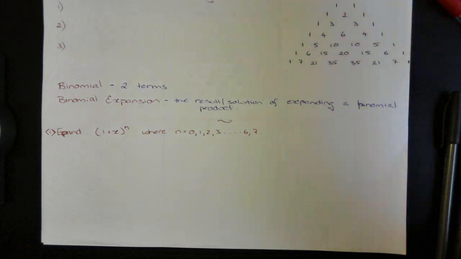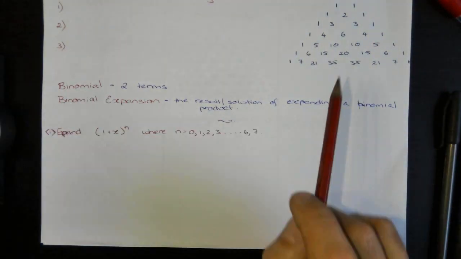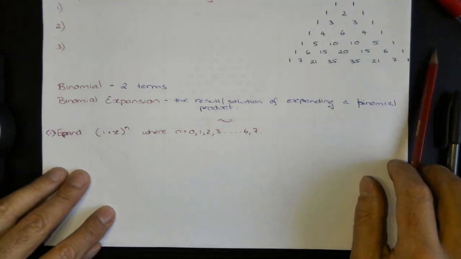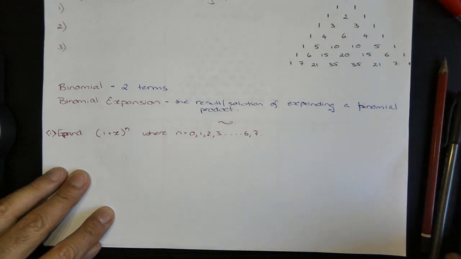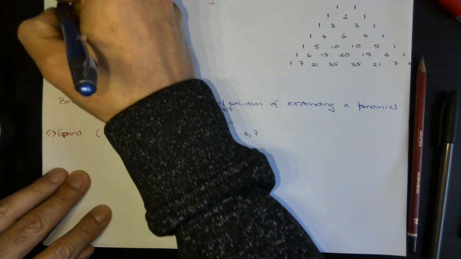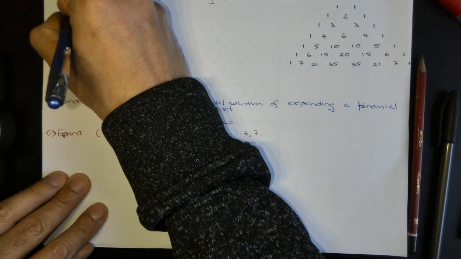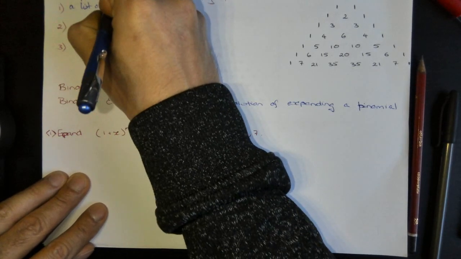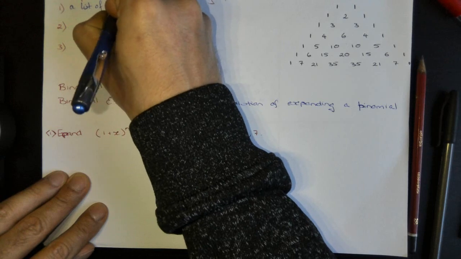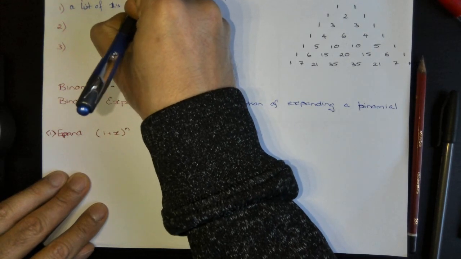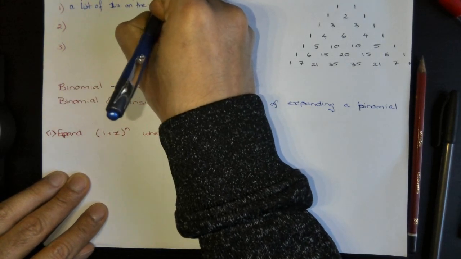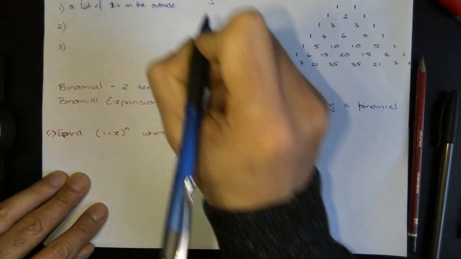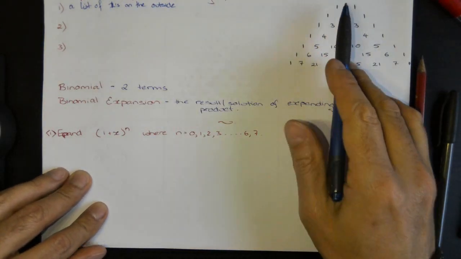Something really important about Pascal's triangle is that there are ones on the outside. Each row is symmetrical.